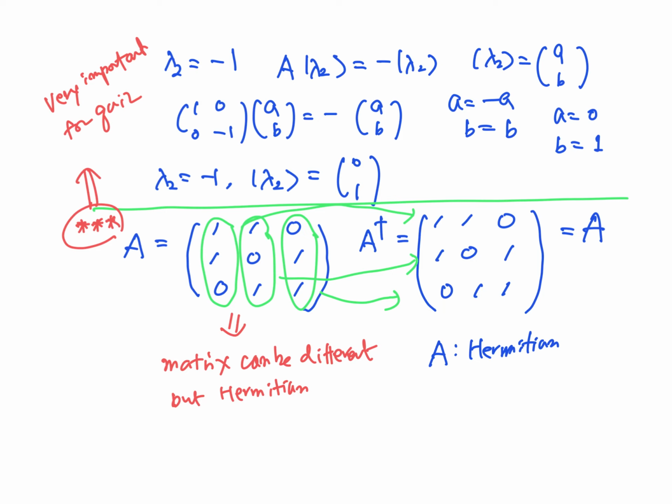So I will give you a very important homework problem. This is extremely important. Find 5 3 by 3 Hermitian matrices.